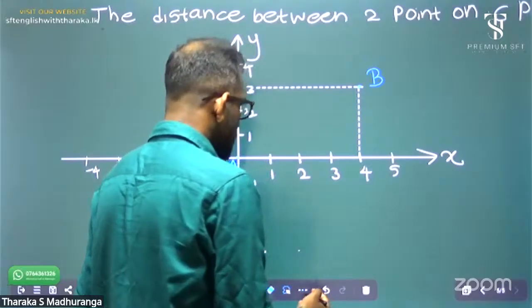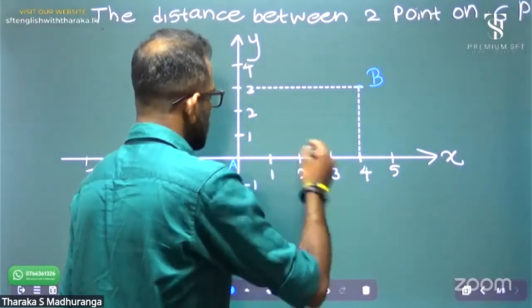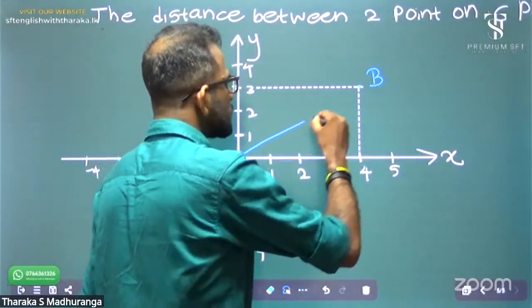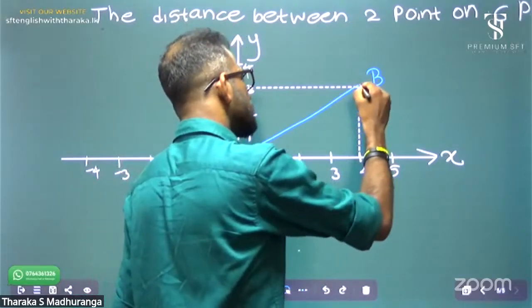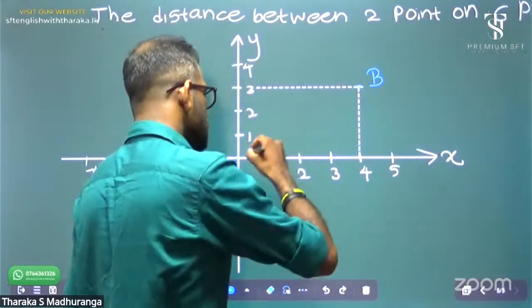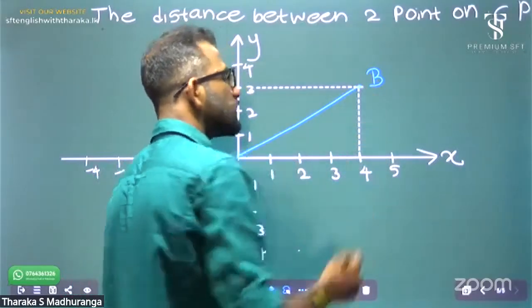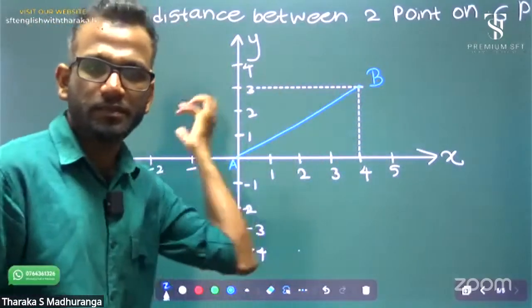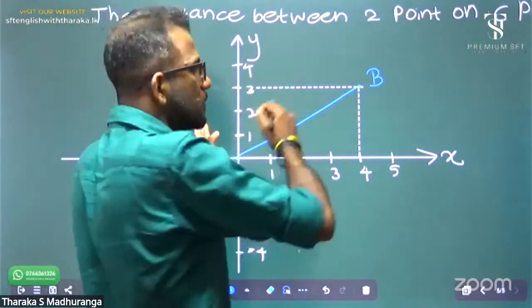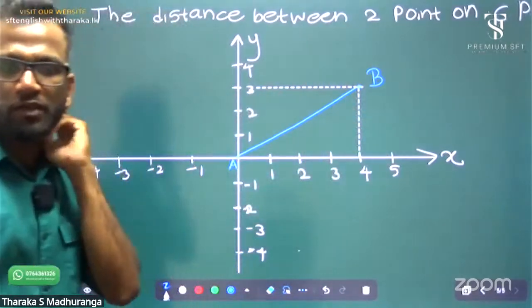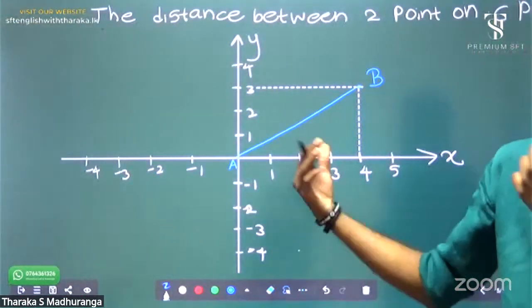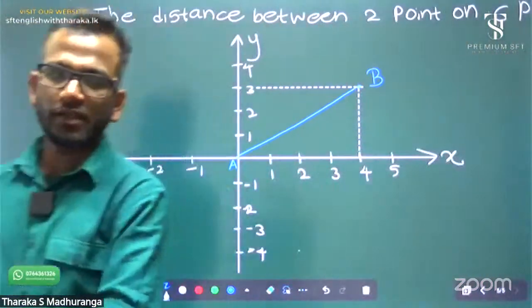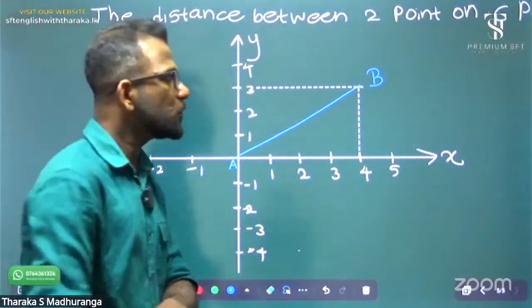Okay, now if you got the AB straight line or the distance between A and B, both are the same. Do you have any methods to calculate this length, this distance between A and B, this blue color line?